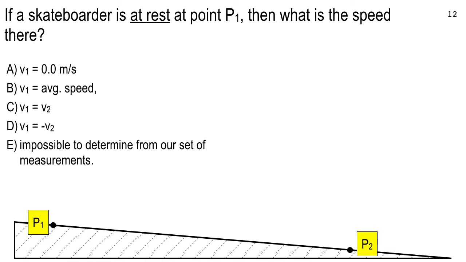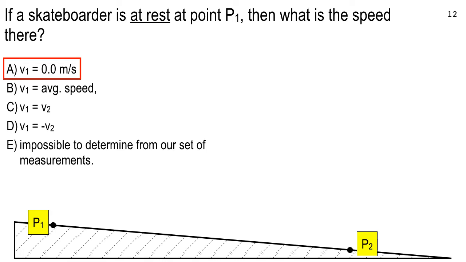Okay, 15 seconds. 10, 9, 8, 7, 6, 5, 4, 3, 2, 1, 0. All right, yeah, most of you guys got this one right. V is equal to 0.